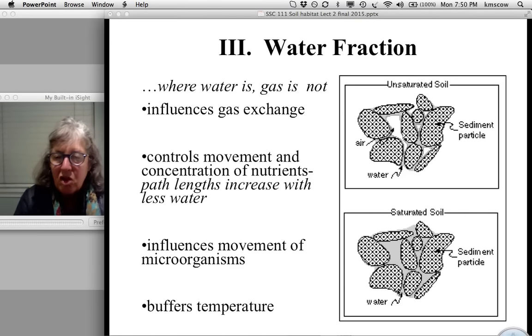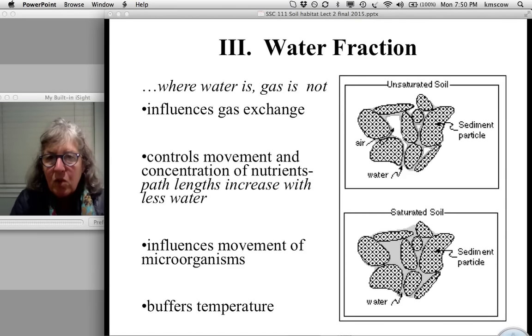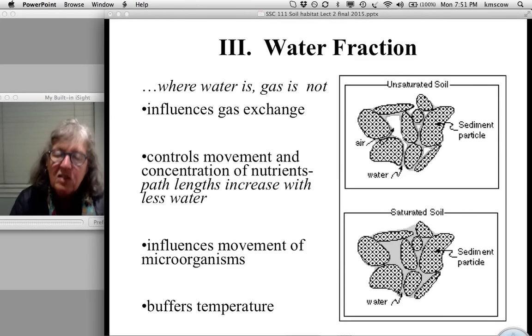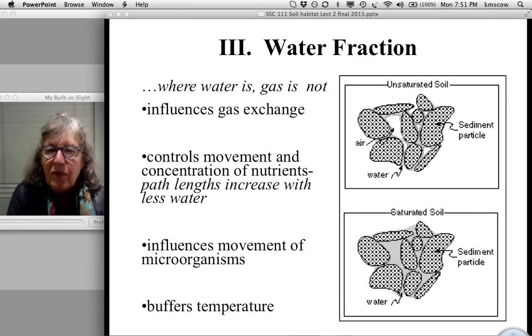Okay, third part, the water fraction. So where the water is, there will be less of that atmospheric phase, the gas phase that we just talked about. So how much water is present in soil is going to very much influence the exchange of gases. So we talked about texture, like a clay soil being slower, a soil in which it's slower for oxygen to replace itself.